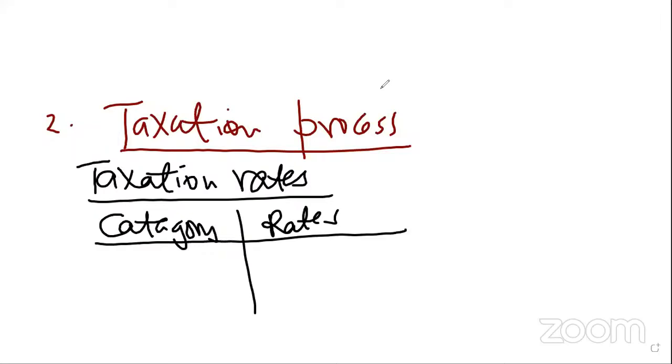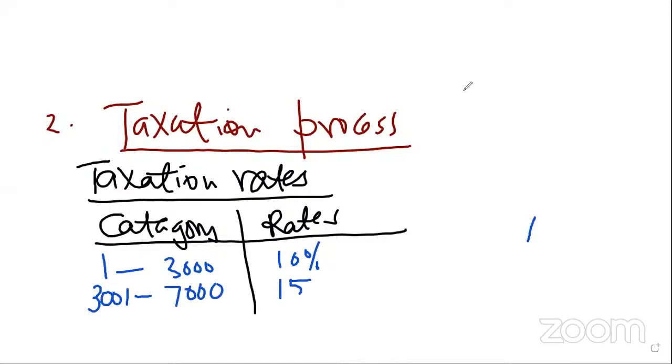If I say money from 1 to 3,000 would be taxed at a rate of maybe 10%. Then monies from 3,001 to 7,000 would be taxed at maybe 15%.